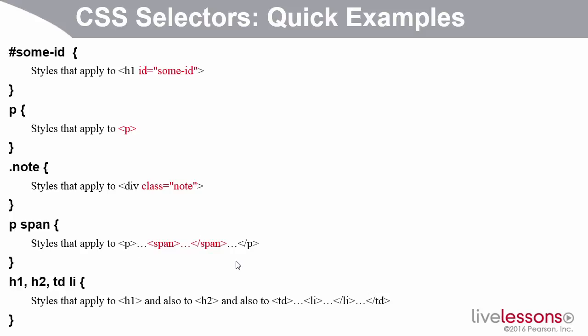So if I use h1, comma, h2, comma, td li, that means those styles apply to any h1 in the page. Those styles also apply to any h2 in the page. And those styles also apply to any li in the page that happens to be inside of a td. All right, so those are the most common. You have IDs, you have HTML elements, you have classes, you have nesting, and you have options with commas.